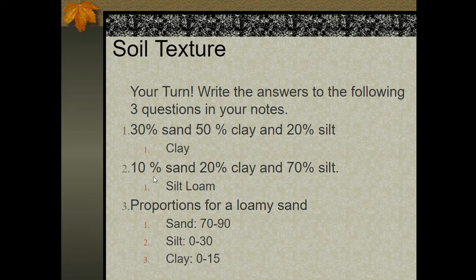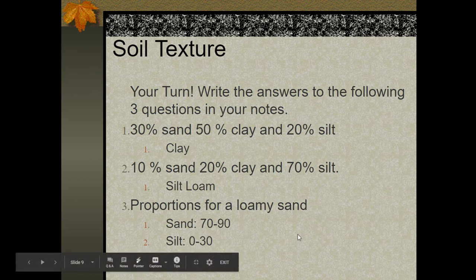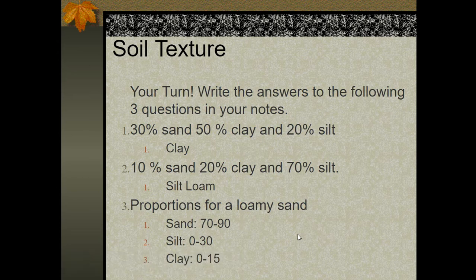Number two, 10% sand, 20% clay, and 70% silt was a silt loam. And then your proportions for your loamy sand can vary, but remember, whatever ones you use within these windows, they need to add up to 100%. So I couldn't say that my soil was 90% sand and 30% silt and 15% clay because that's way more than 100.